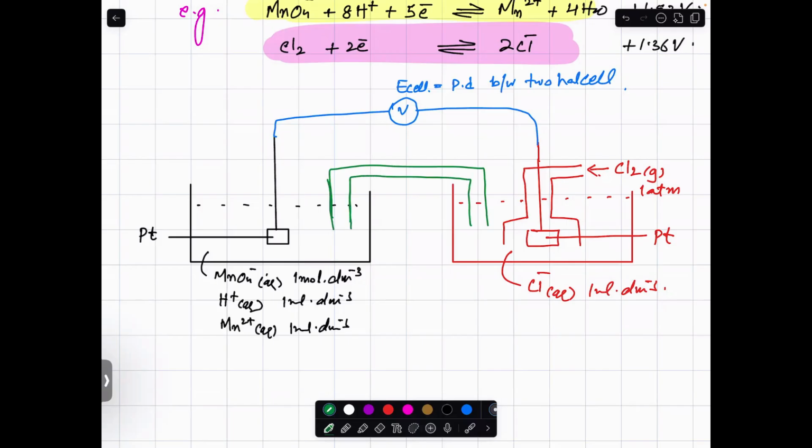This is salt bridge. Inside the salt bridge are potassium and nitrate. These ions move, but these ions don't interfere. They're highly unreactive. They can't precipitate anything.